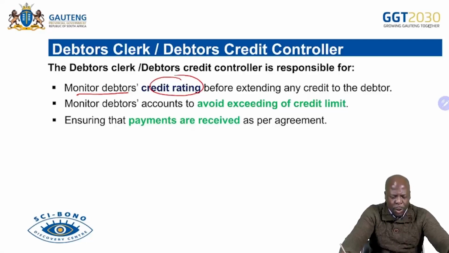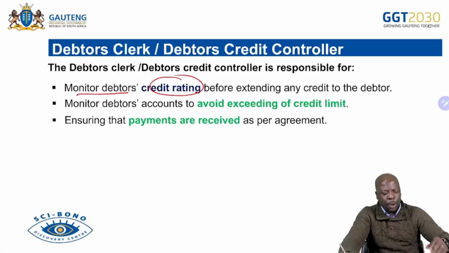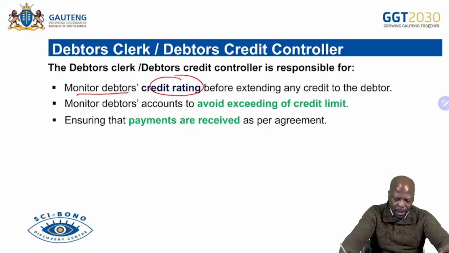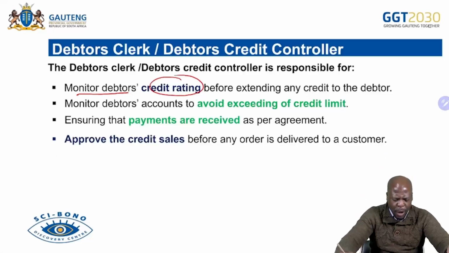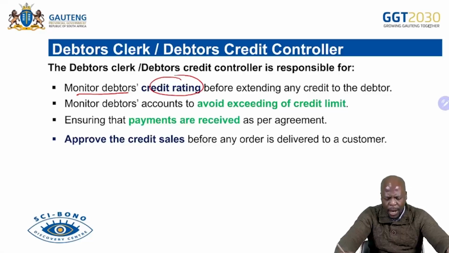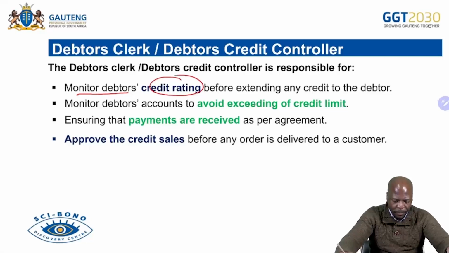The person also ensures that payments are received as per agreement. Okay, if payments are supposed to be received within 30 days or within 40 days or 60 days, the debtors clerk is responsible for ensuring that as well. And they also approve the credit sales before any order is delivered to a customer. They have to approve the credit sales.